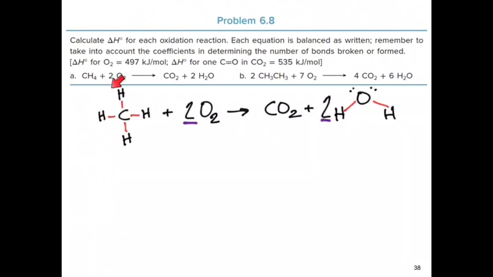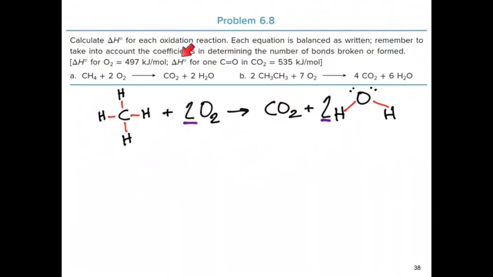So here's the chemical reaction equation again. So you can see that for methane, we need to break 4 carbon to hydrogen bonds total in order to form this carbon dioxide gas. We also need to break the bond between the two oxygens in oxygen gas. And again, that requires 497 kilojoules per mole of energy. And then we're going to take a look at the amount of energy that's released in the formation of a carbon to oxygen double bond.